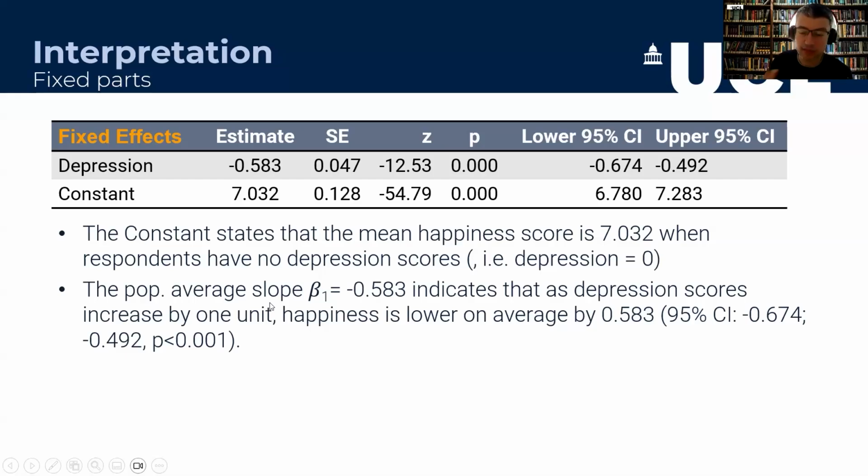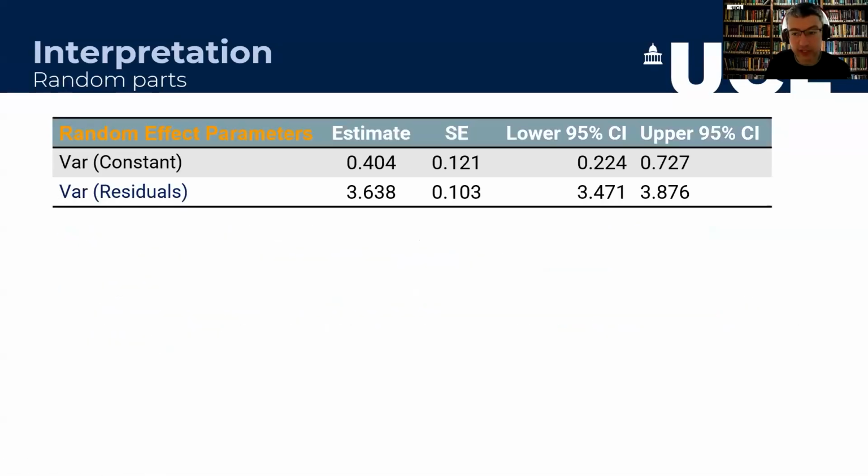So this is the same interpretation of a standard regression model. What we additionally gain from the mixed models that account for the structure of the data are these two values here that are known as the random effect parameters.